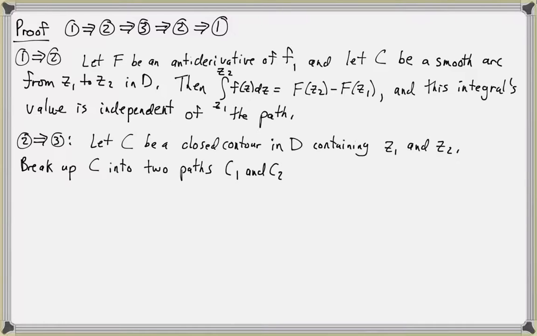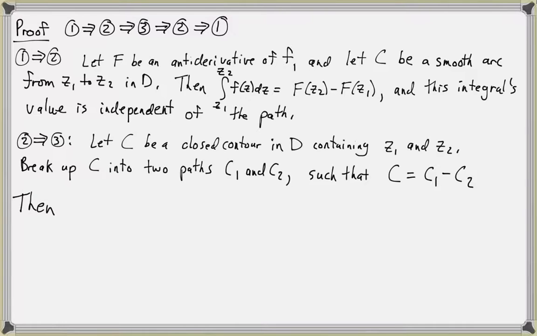C1 starts at z1 and goes to z2, and C2 also starts at z1 and goes to z2. So I'm going to write C as C1 minus C2. So C1 would go from z1 to z2, and then minus C2 would go from z2 back to z1. So we have this closed contour, C.